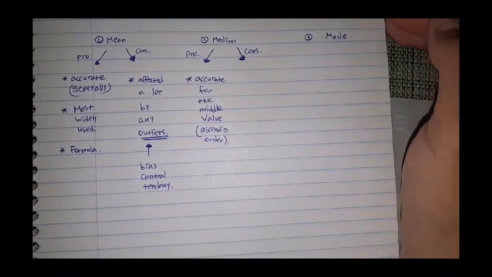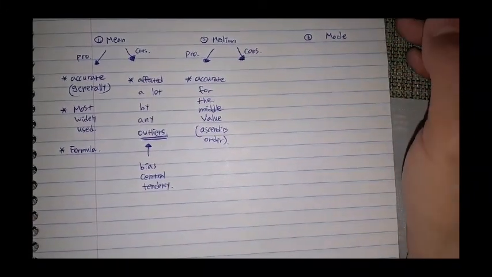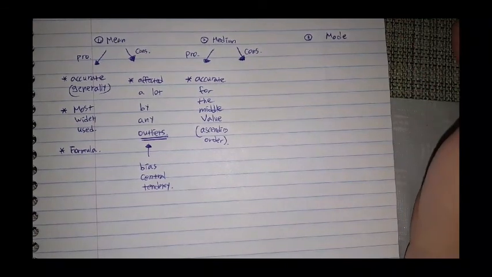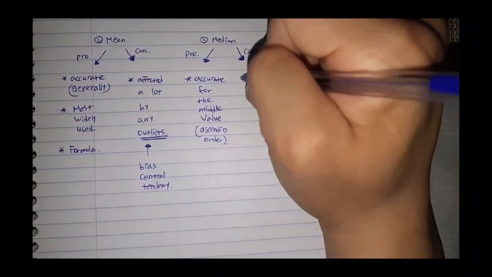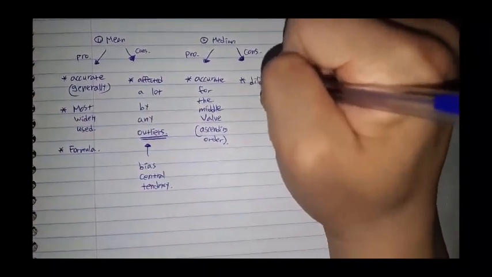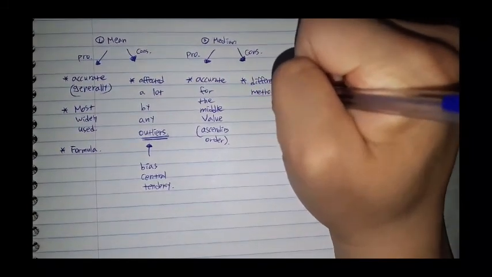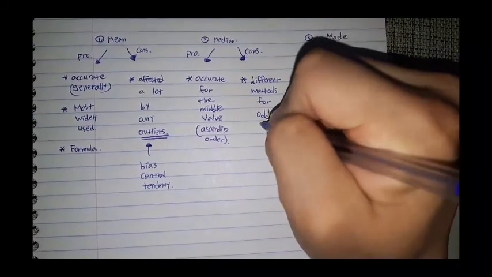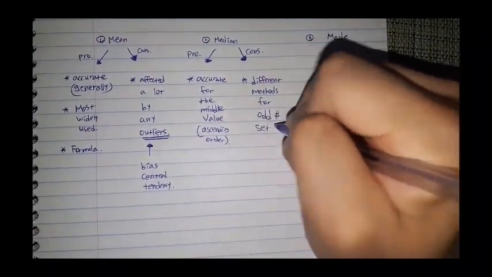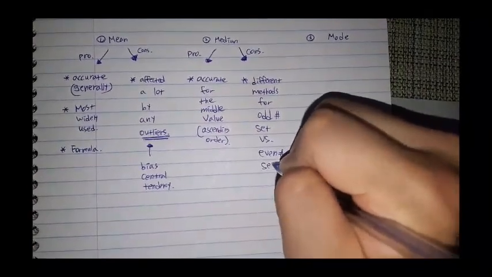If it's randomly put in, you need some extra step, but as long as you have an ascending order, the middle values are generally accurate. The con is basically a different method for an odd number set versus an even number set.